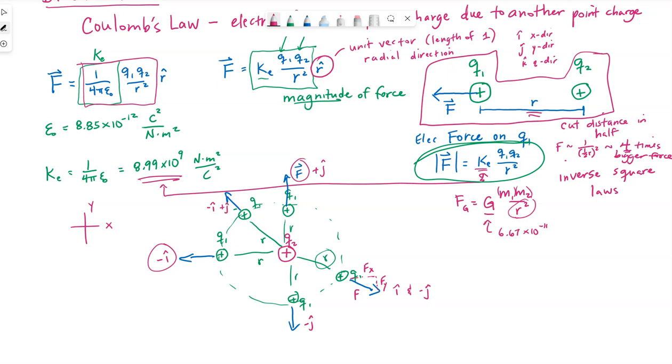Similarly, up to the left, this one has a negative x component and a positive y component. So we will be working with our vector math again, where we're adding vectors together. So we do need to be able to break our vectors into x and y components and write them appropriately in terms of the x and y directions. So in our equation for force, r hat, you can think of it as a reminder to write the force in vector notation.